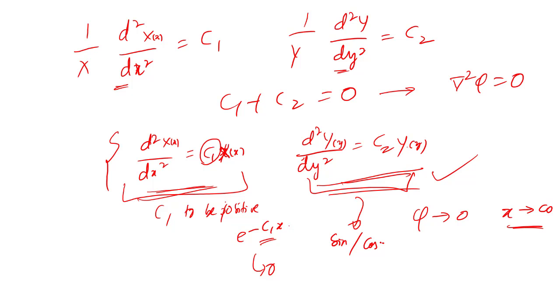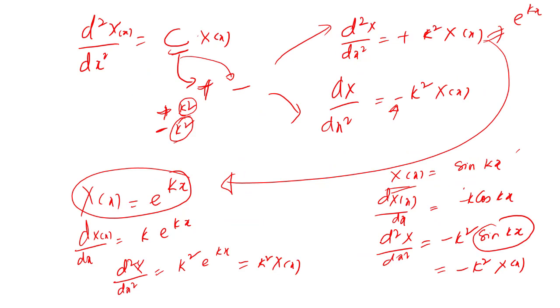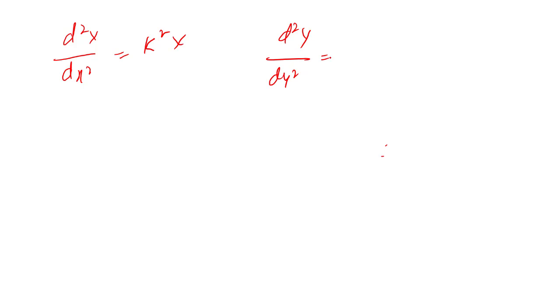Equipped with that, let's see what we have for the specific problem of two infinite plates. We have d square X by dx square equal to some k square X, and d square Y by dy square equal to negative k square Y. We got this by doing phi of x, y equal to some X of x and Y of y.